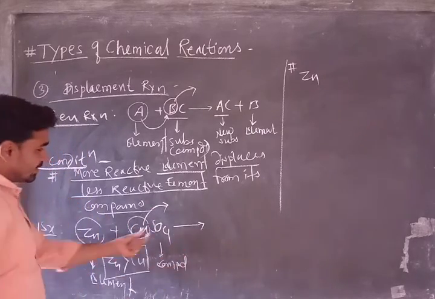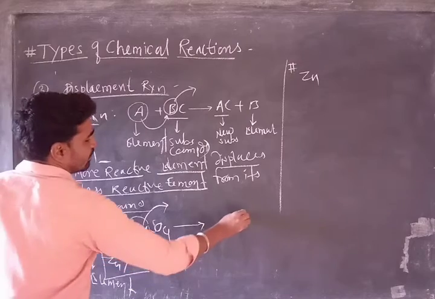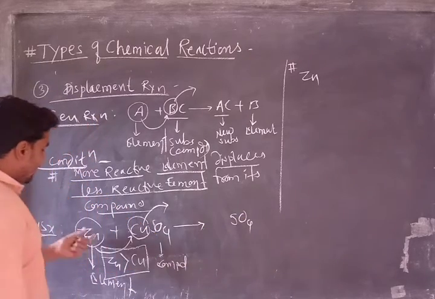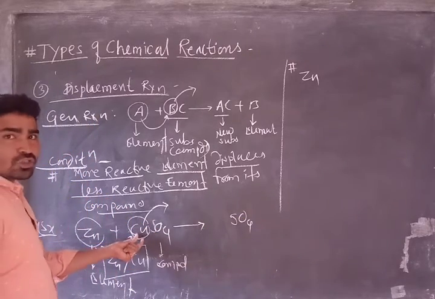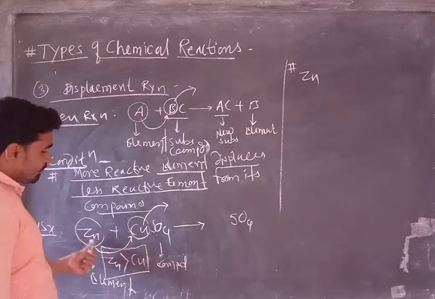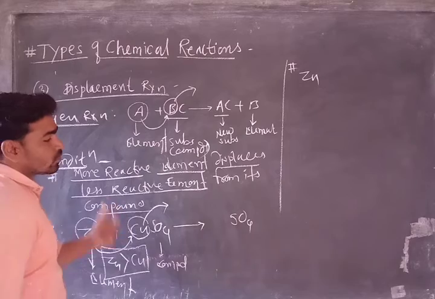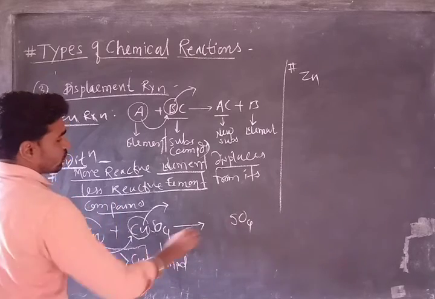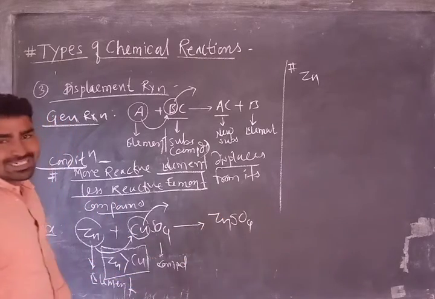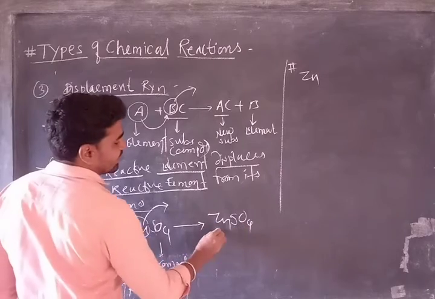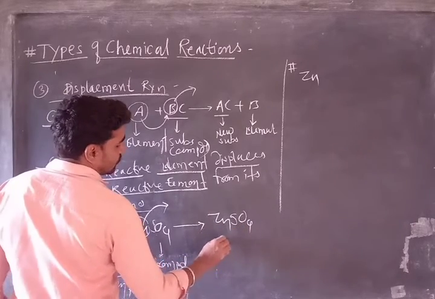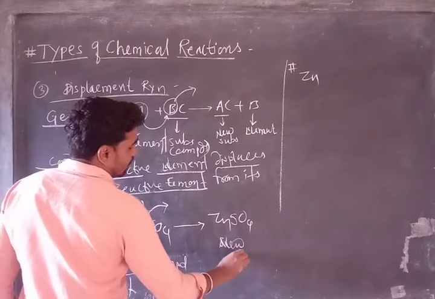So now what remains here, my dear students? SO4 will remain, and in the position of copper, zinc comes, because zinc displaces copper. So instead of Cu we write zinc. And now we have obtained zinc sulfate as a new compound.